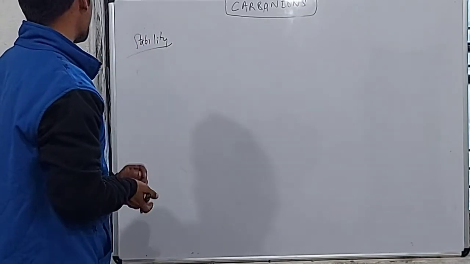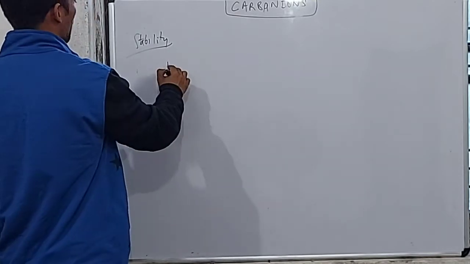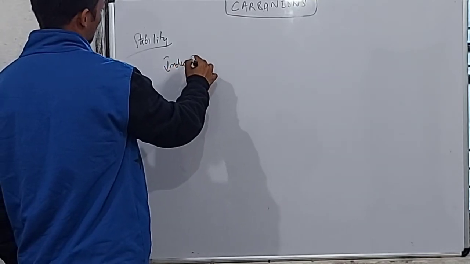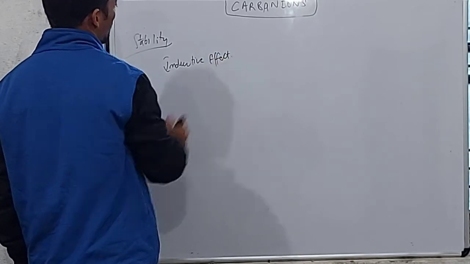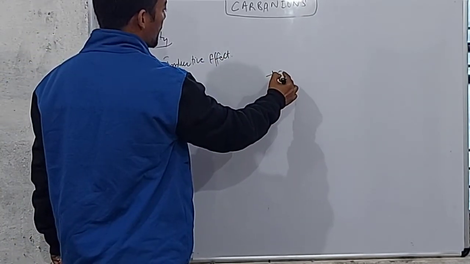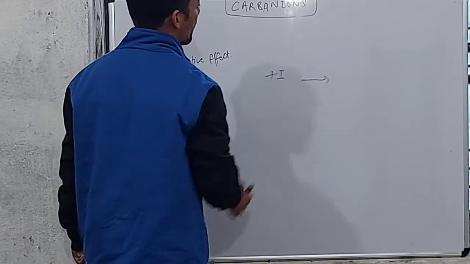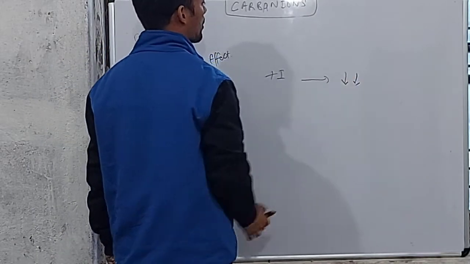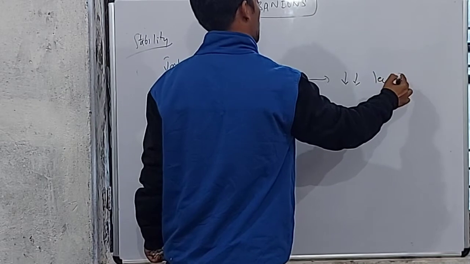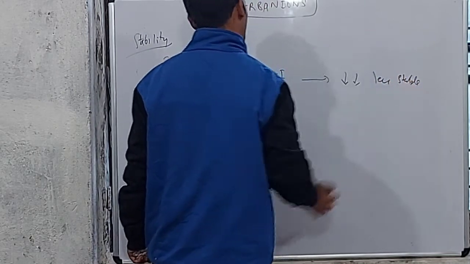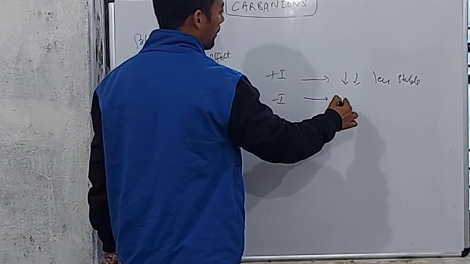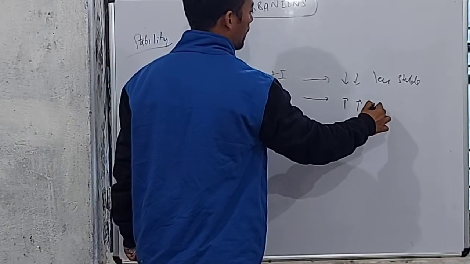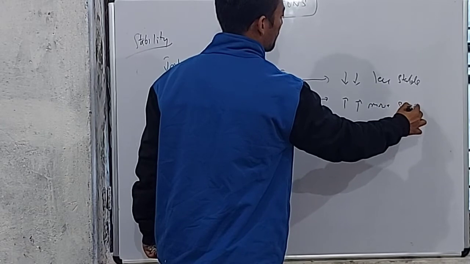About the stability of carbanions, we will see certain factors. First one is the inductive effect. Positive inductive effect will lead to a less stable carbanion, whereas negative inductive effect will lead to a more stable carbanion.